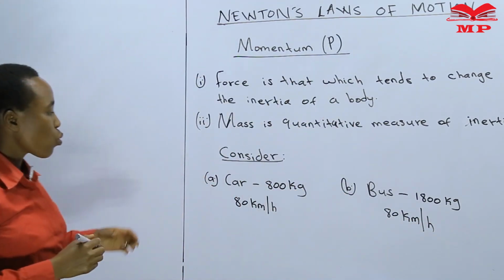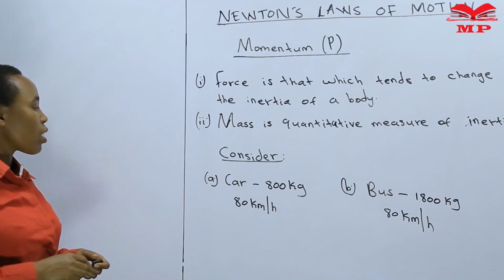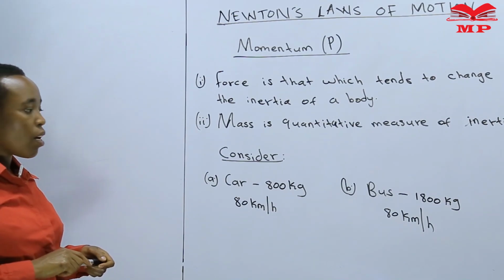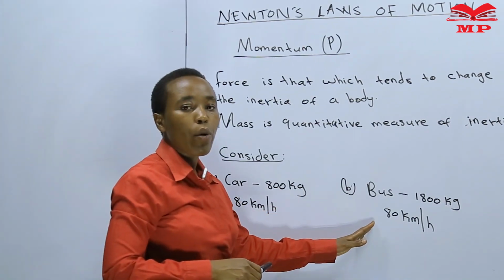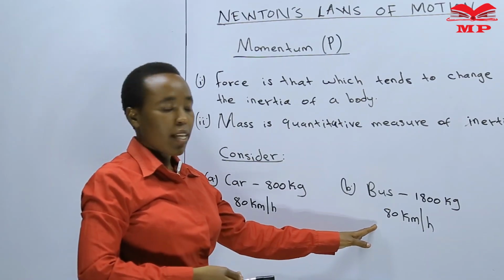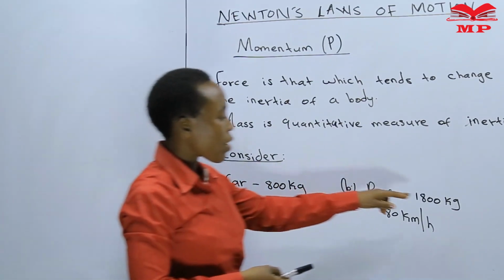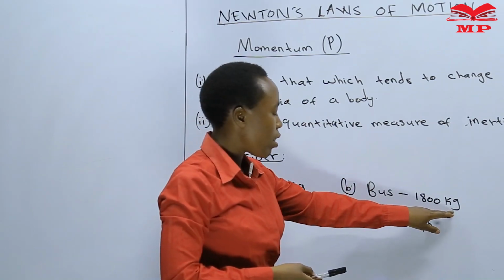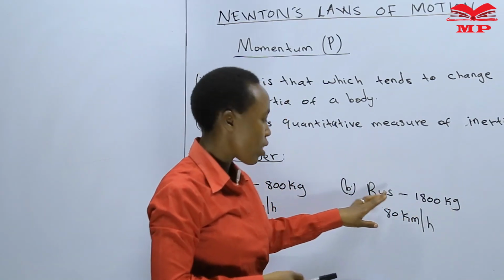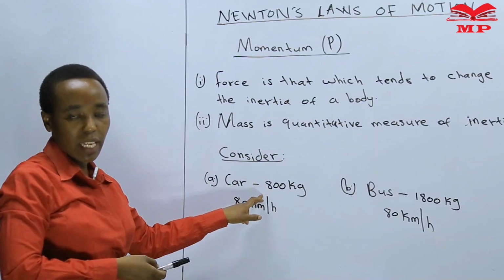Now, if we are to stop these two vehicles, the car and the bus, for the bus to stop we require more force than for the car to stop, because the mass of the bus is more than the mass of the car.